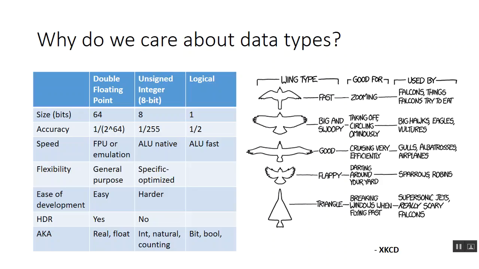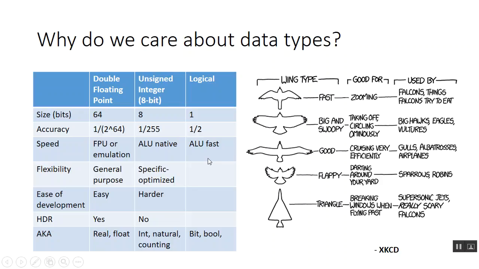So the accuracy of a double floating point number is very, very high. It can be extremely high. But it takes a lot more power to compute double floating point or even single floating point, because you have to use a floating point unit, or you have to emulate a floating point unit in software. Whereas an unsigned integer or even an integer can be handled in the ALU, or the arithmetic and logic unit.